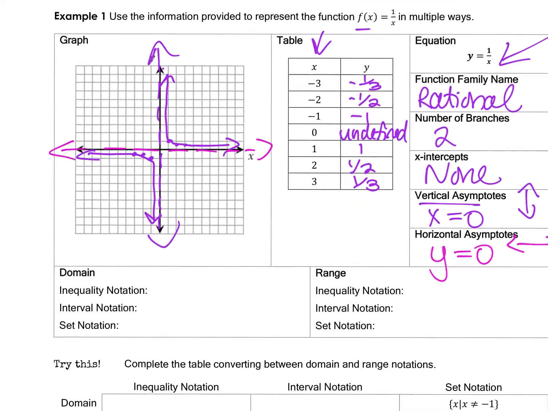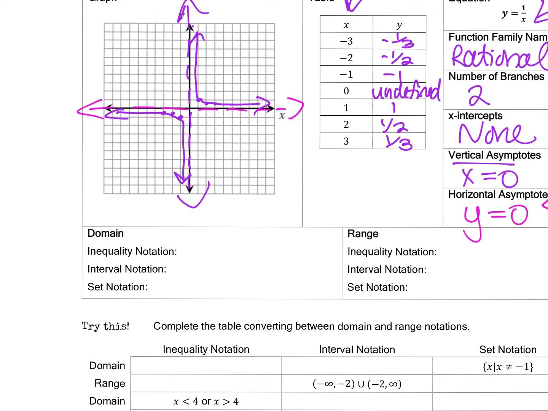For the domain, there are 3 different ways of writing it. I don't care which way you write it, but I'm going to go over each way. For inequality notation, the domain, looking at x, is everything except 0. So x can be less than 0 or x can be greater than 0. You'll have 2 pieces because you can't have a 0 there.